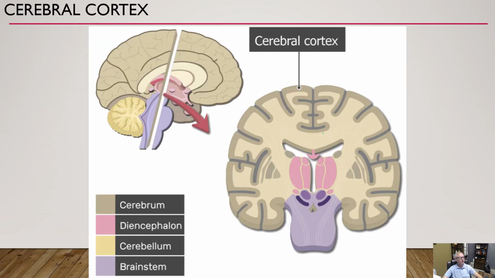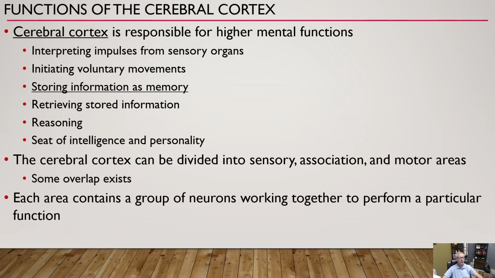So this cerebral cortex has this really thin layer of gray matter and a bunch of white matter. Remember, this thin layer contains about 75% of the neuronal cell bodies in the nervous system. That's a lot. All right, moving on.